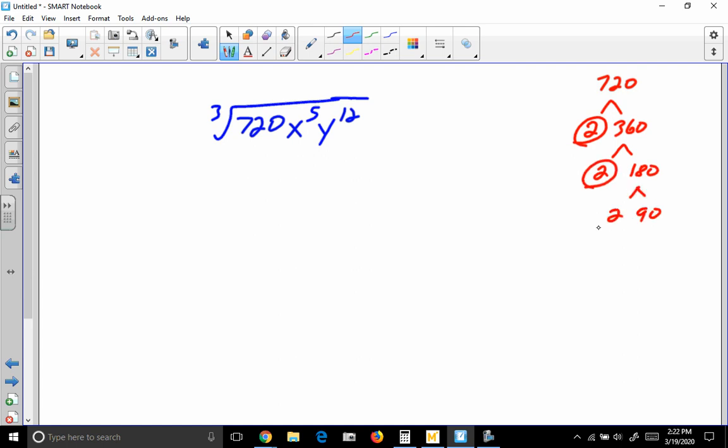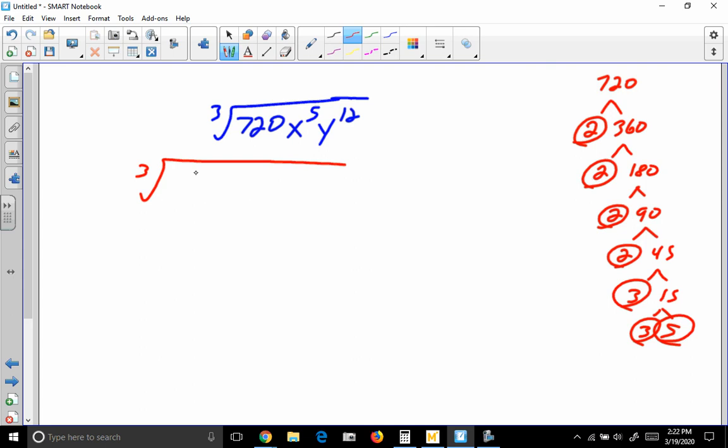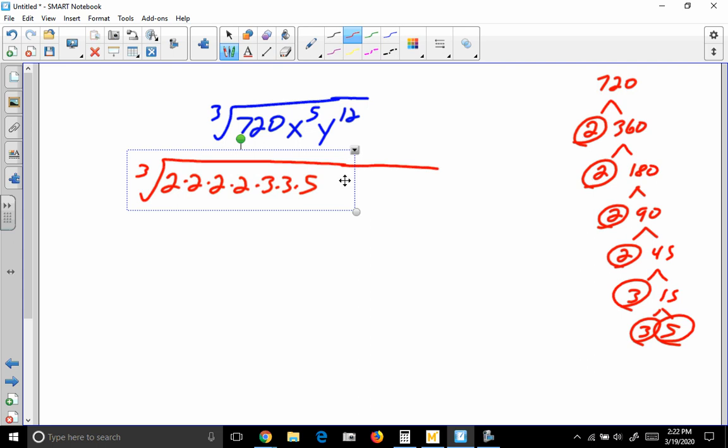That's 2 times 90. That's 2 times 45. 3 goes into 45 15 times. 3 goes into 15 5 times. So underneath the cube root, we have 2 times 2 times 2 times 2 times 3 times 3 times 5. And then we have x to the 5th, y to the 12th.